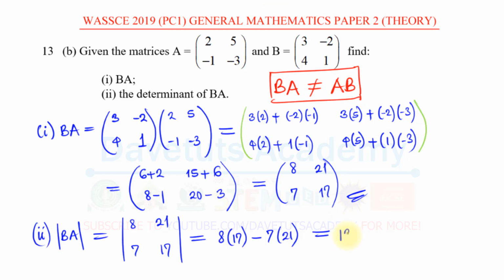That's 136 minus 7 times 21, that is 147. Okay, 136 minus 147. Since 147 is greater, you say 7 minus 6, that is 1. 4 minus 3, that is 1. Then we'll carry the negative sign. This is minus 11 as we got initially. Alright.